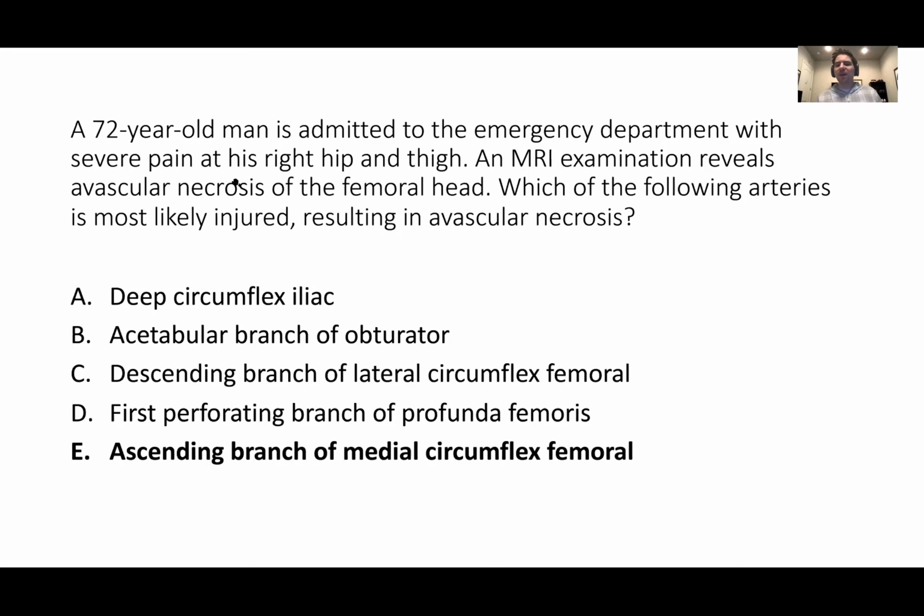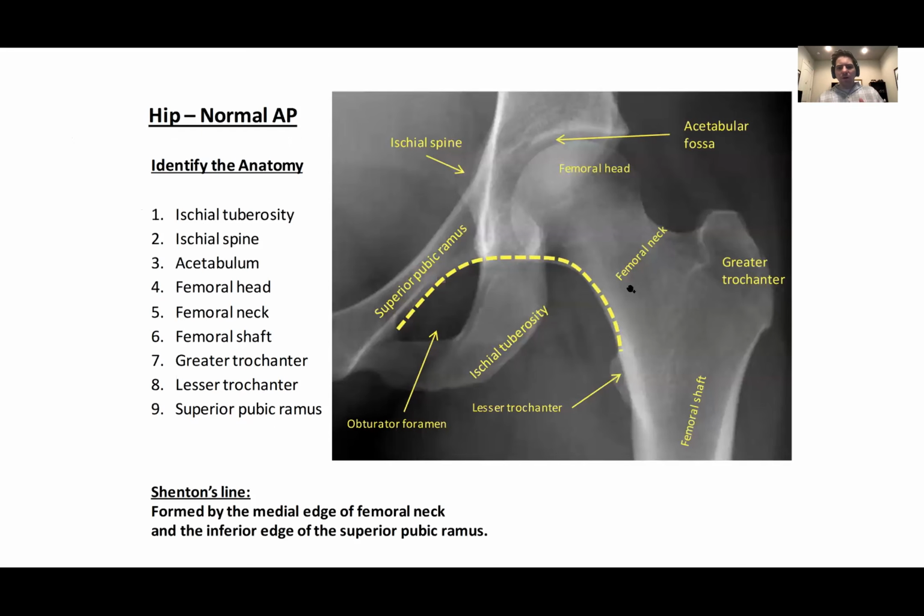So whenever you have some sort of avascular necrosis, which means decreased blood supply causing necrosis to the femoral head, you're worried about this medial circumflex artery. Okay, it's going to be what gives blood supply to this, I think retinacular, is that how you say it? Retinacular arteries.